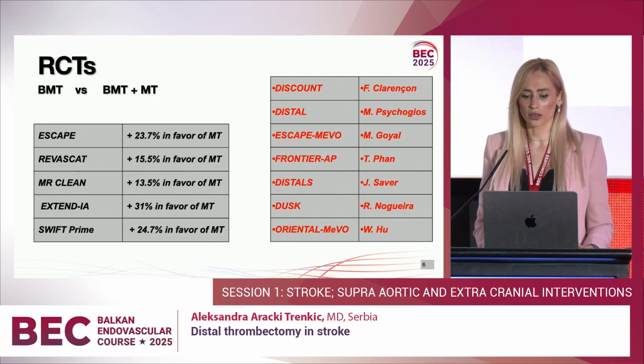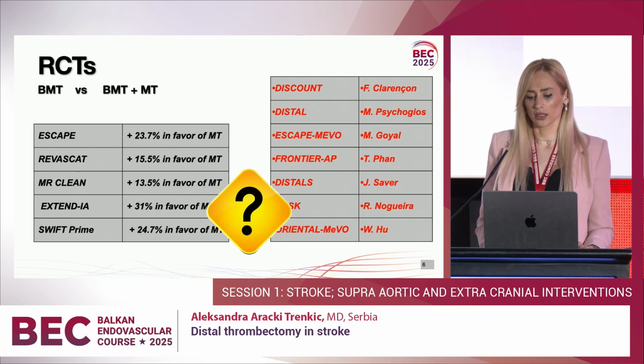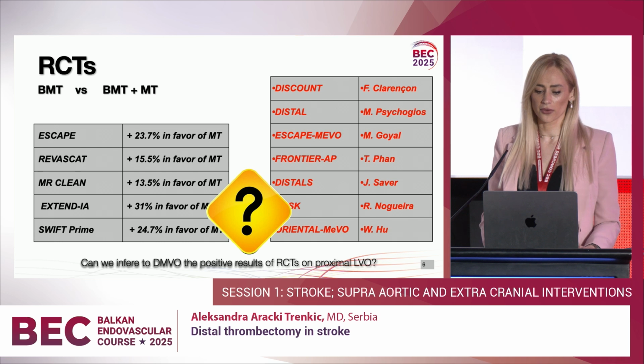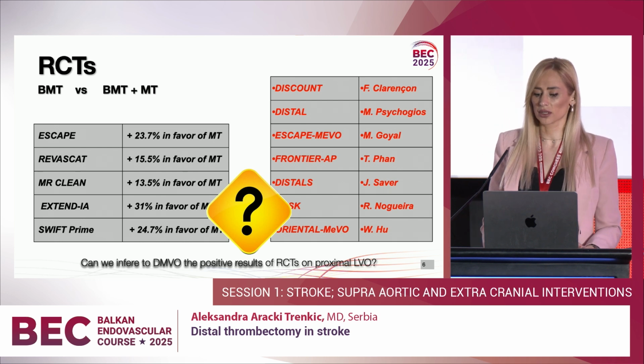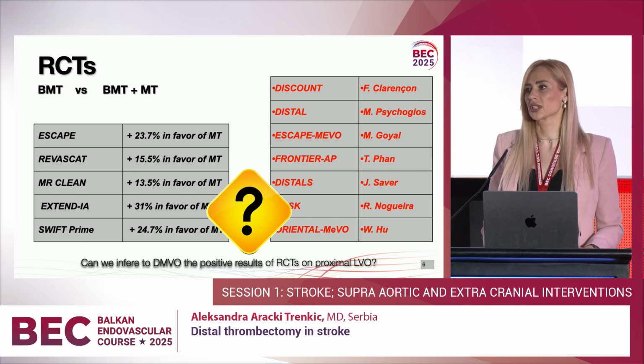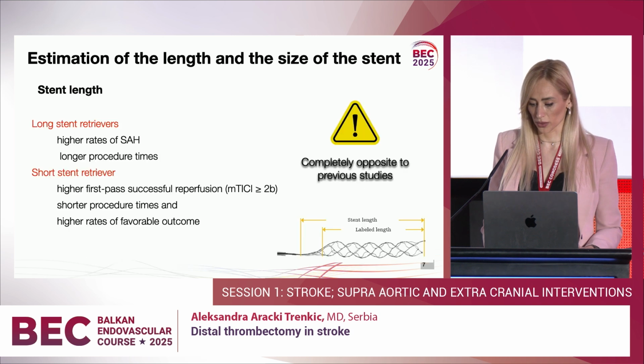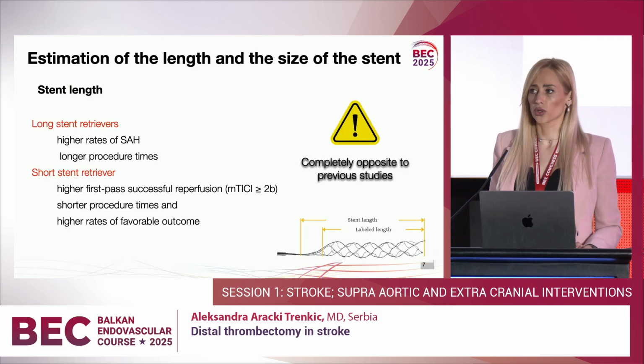But how about the distal occlusions? Can we infer to distal occlusions the positive results of trials on proximal large vessel occlusion? To be honest, I think no, but we will see during the presentation.